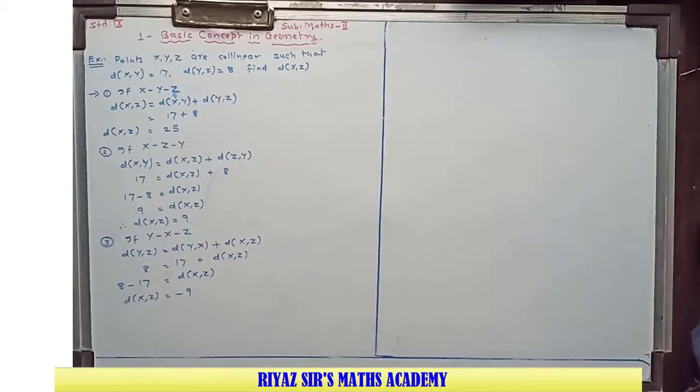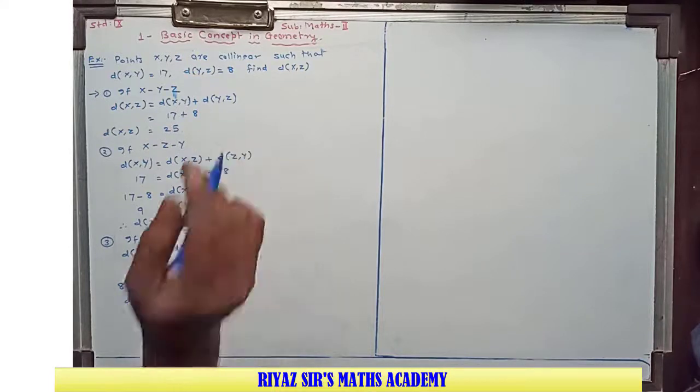Here if you observe, the distance between X and Z comes negative, therefore this possibility is not possible in this case.